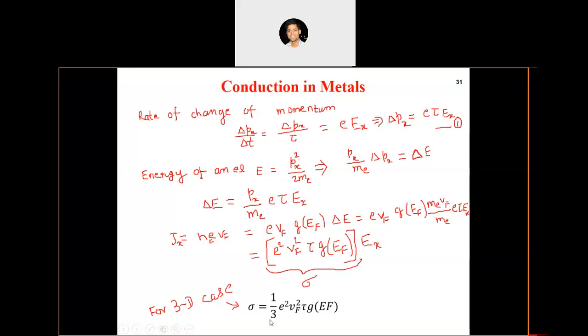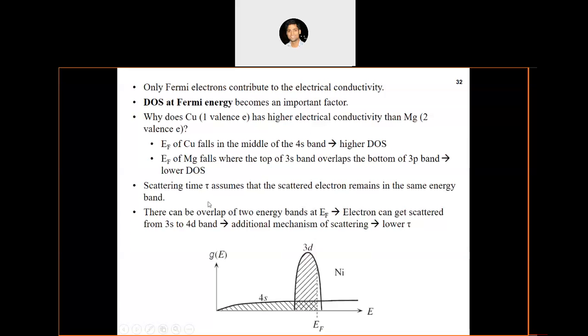And we came up with this expression where two important factors were the mean scattering time and the density of states, right? And we saw a couple of examples of how the very minute details of the density of states, as well as how the bands are overlapping, can affect the electrical conductivity of metals, right?